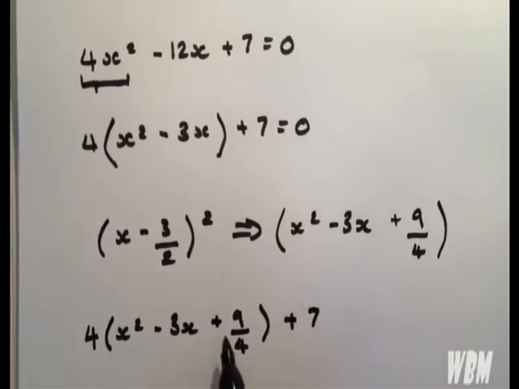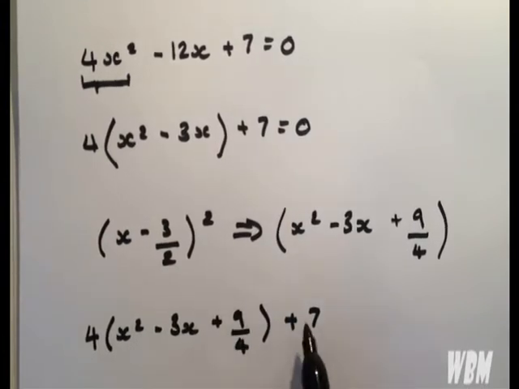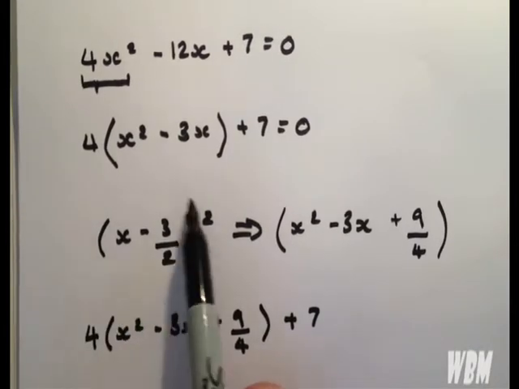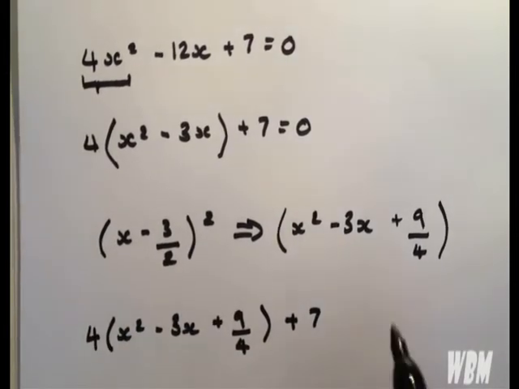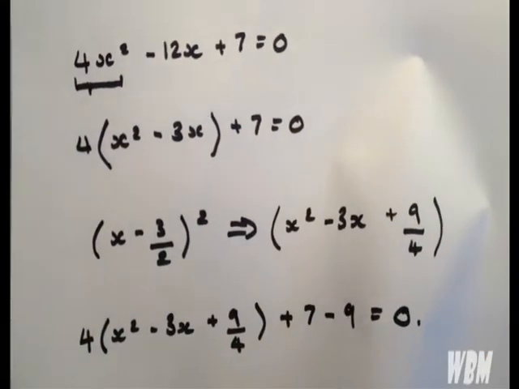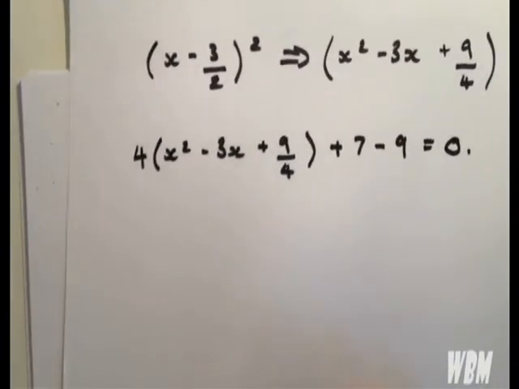Now this is where we remove the extra number, which is 4 times 9 over 4. The 4's obviously cancel, so we have 9. So to remove this so that we can use this terminology here, we simply have a minus 9 there. Now we rewrite this as follows.